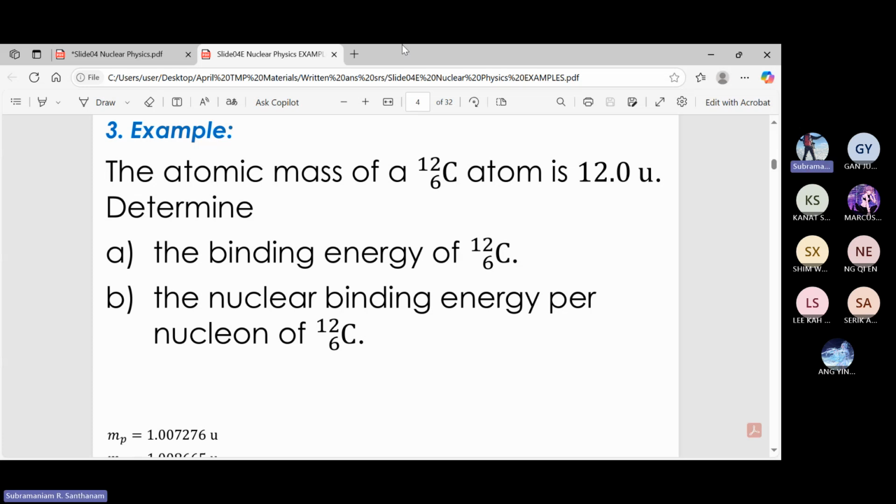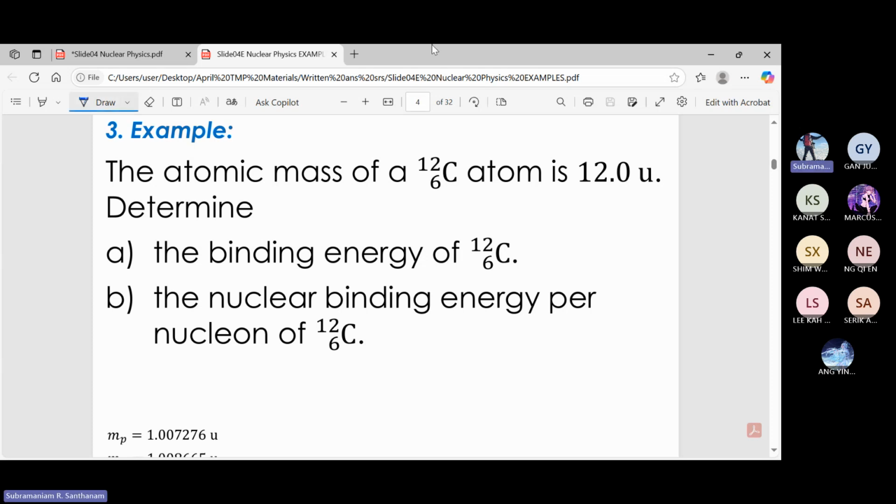Okay, let's move on. Example 3. Did you try? The atomic mass of a carbon 12 atom is 12.0 u. So this is the atomic mass, and you need to be very careful with the information given.